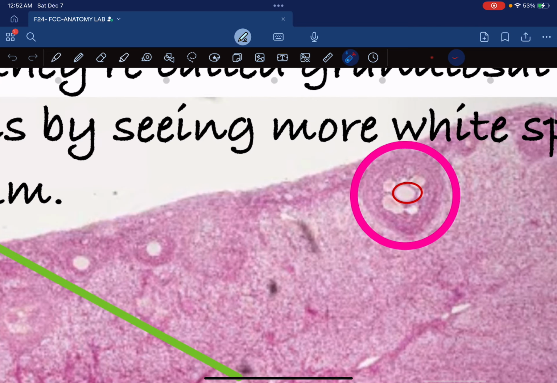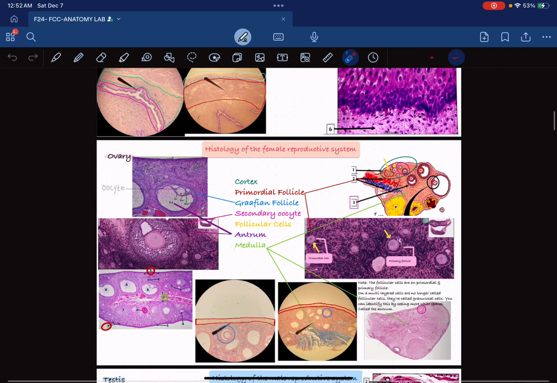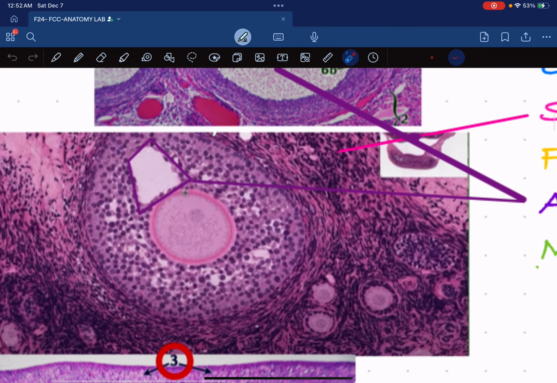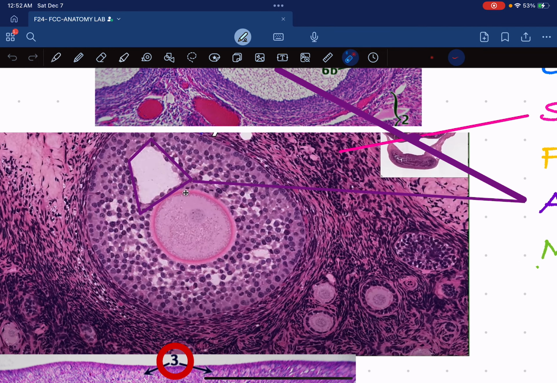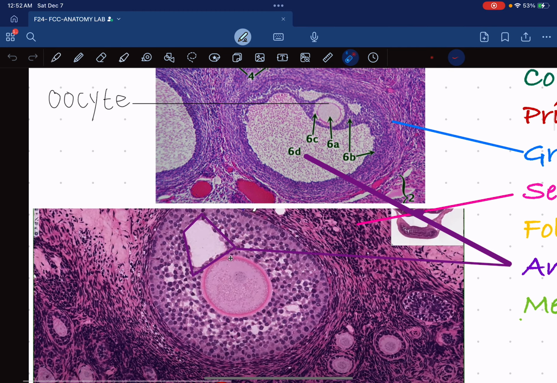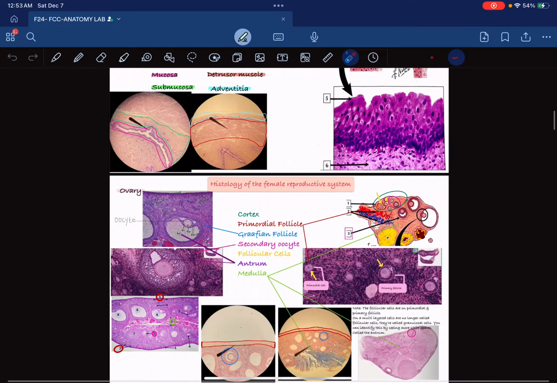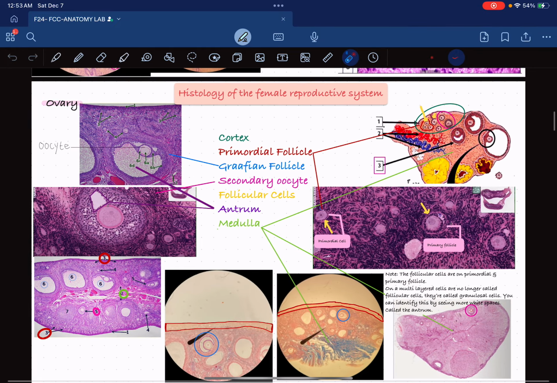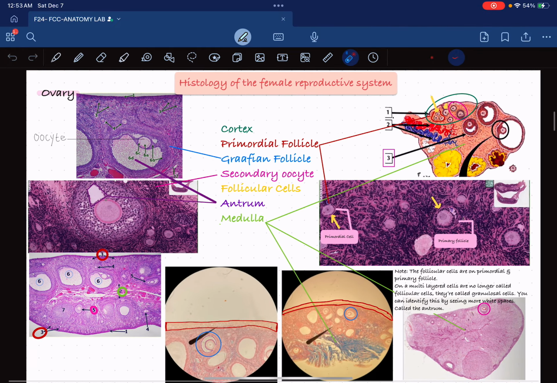It can be seen right here. This one's another secondary oocyte. And we can identify that because the antrum is not as big as the Graafian follicle, and the oocyte is not connected to the lateral wall. That is the histology of the ovary.